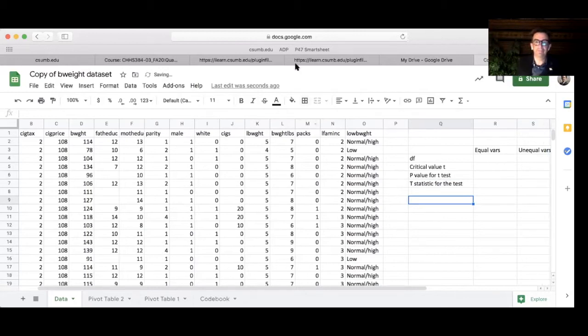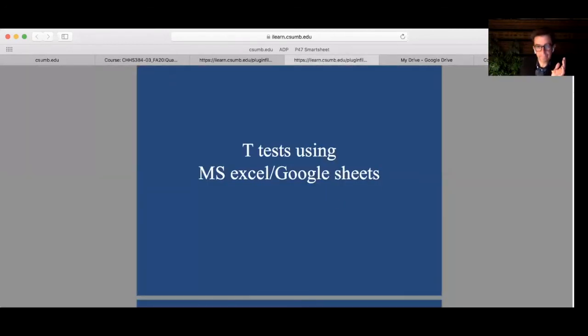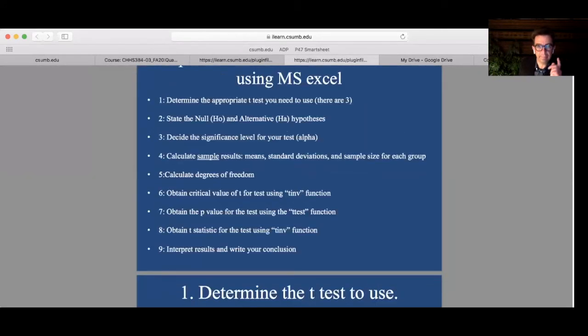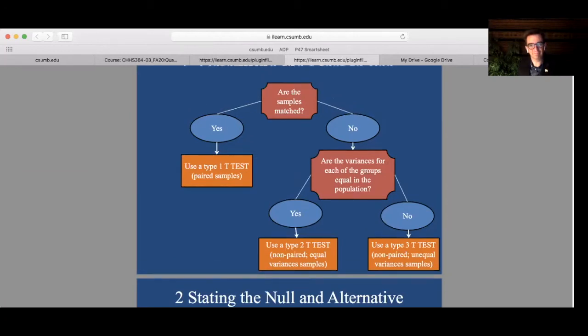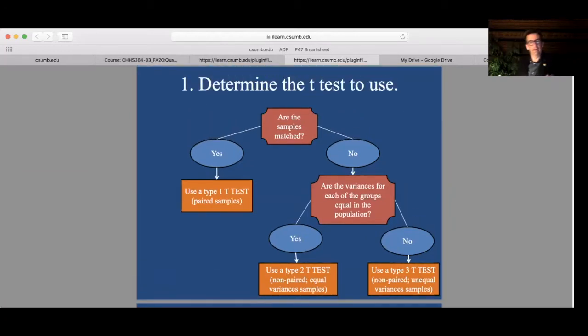So remember that the first step in conducting a t-test is to determine which test to use, right? And for that, we need to ask ourselves first, are the two samples matched? Are they dependent on each other?